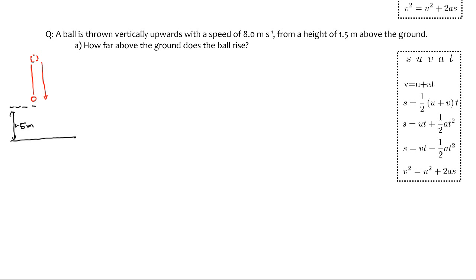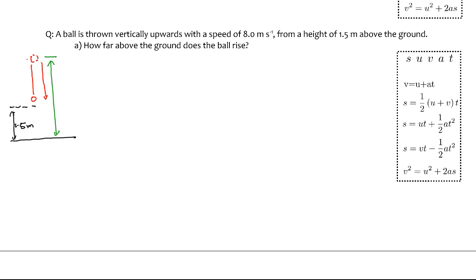Okay. So I'm interested in how far above the ground the ball rises. So that means I want to find out this height, because I'm asked for the height above the ground. So what I will do is try to find out this displacement from the starting point.